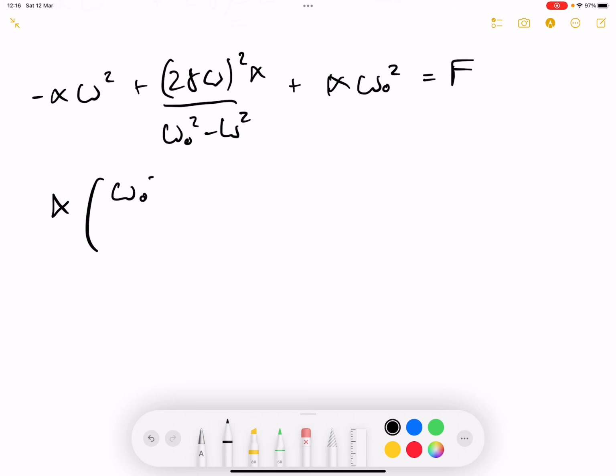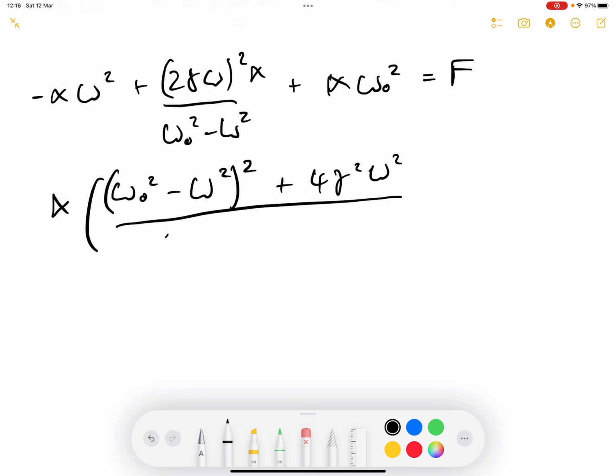omega naught squared minus omega squared. Oh, we can take out a factor there. That's going to be really cool. So let's put that in some big square brackets. Plus 4 gamma squared omega squared over, see, this is where it gets pretty wild, omega naught squared minus omega squared, all squared.